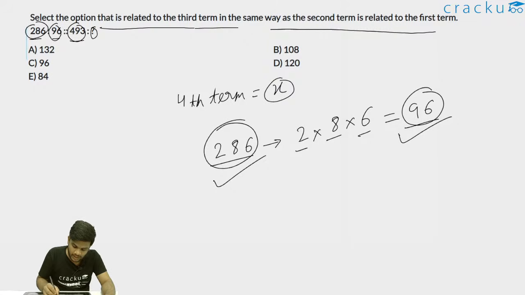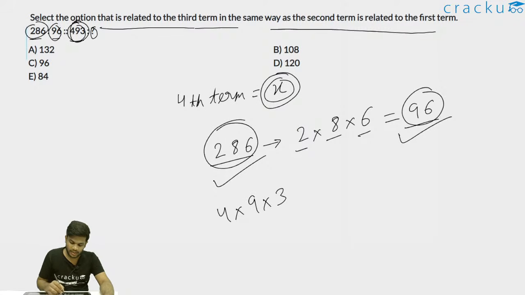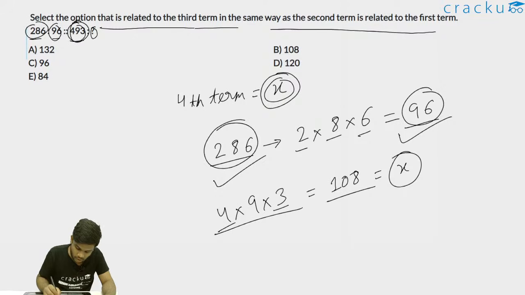So similarly, the fourth term, which is x, will be the product of the digits in the third term, which is 493. So 4 into 9 is 36, and 36 into 3 is 108. So this will be our fourth term. So our answer is option number B, which is 108.